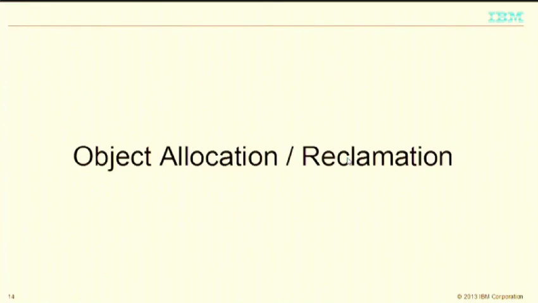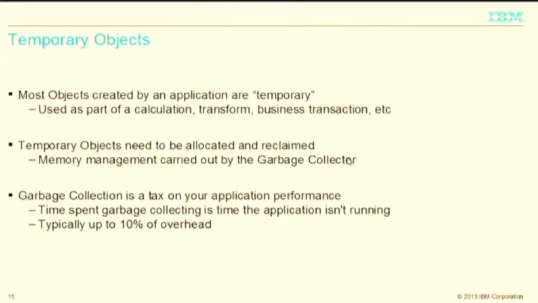OK, next, object allocation and reclamation. So allocating objects and garbage collection. When you run your application, you generally end up creating a large number of objects which are temporary. You do a calculation, you add 2 numbers together, and you get a result. Often there are temporary objects created when you do this.